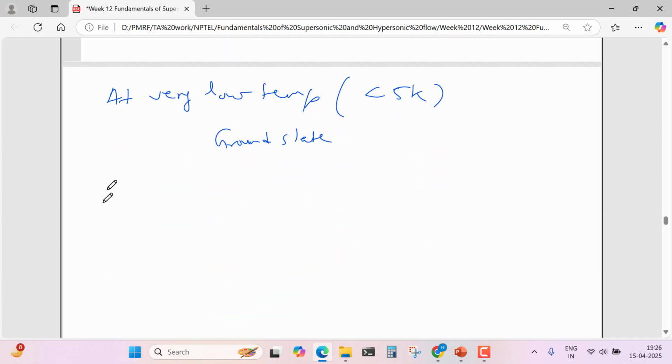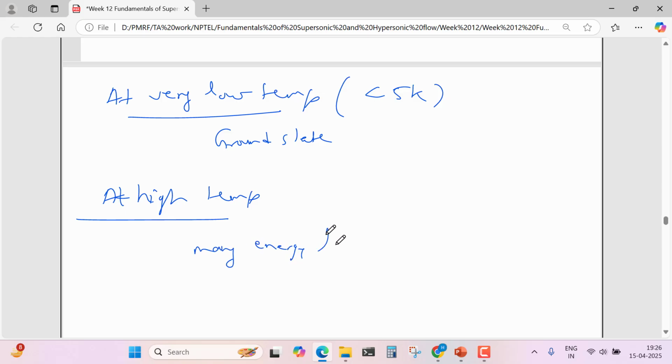But at high temperature, the molecules will be distributed over many energy levels. And as they are distributed over many energy levels, their states are sparsely populated.